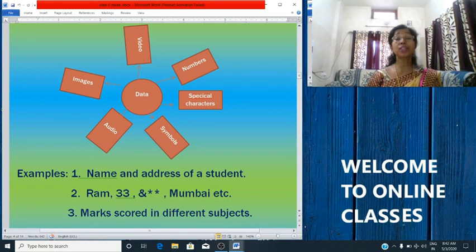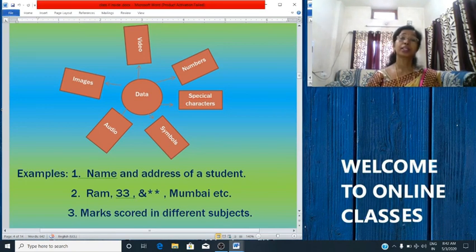Telephone numbers of your friends, names of employees of an organization, names of your favorite movies, maybe the places you want to visit. All these are the examples of data.